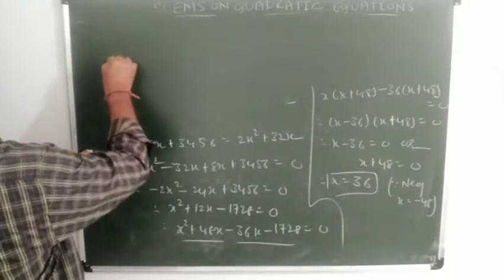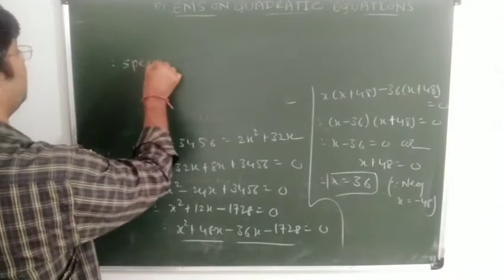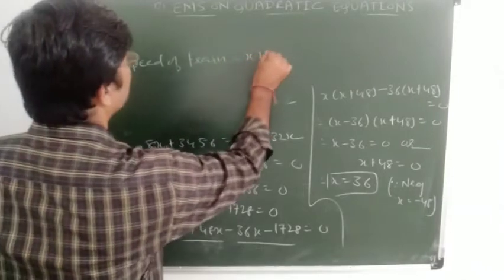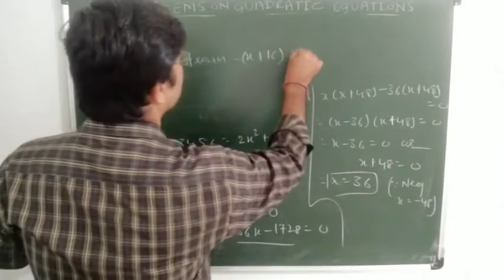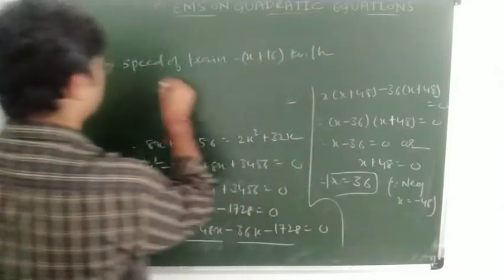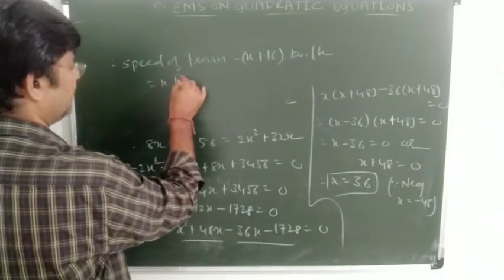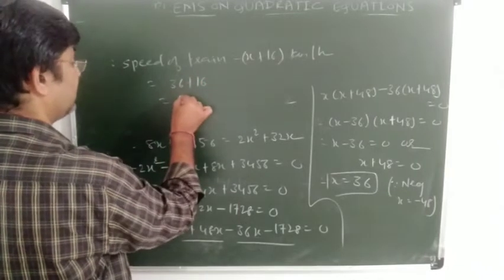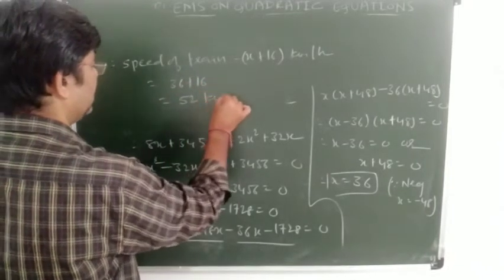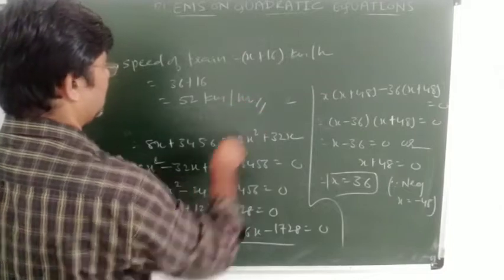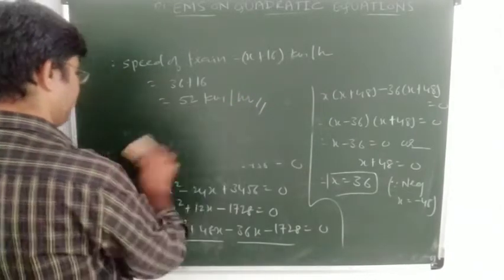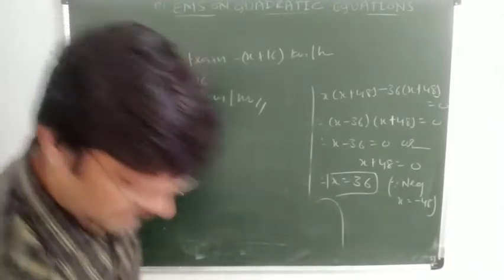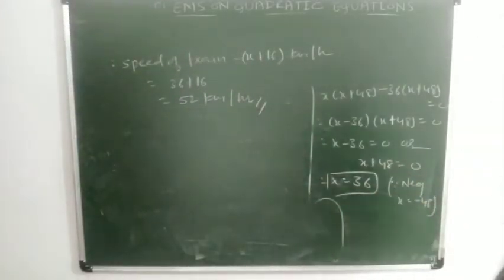Therefore speed of train is equal to x plus 16 kilometer per hour, which is 36 plus 16, equal to 52 kilometer per hour. Clear? So this is the speed of the train, which is our required answer.